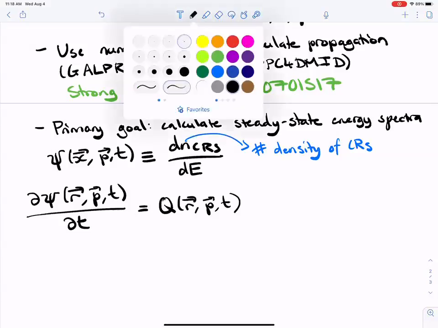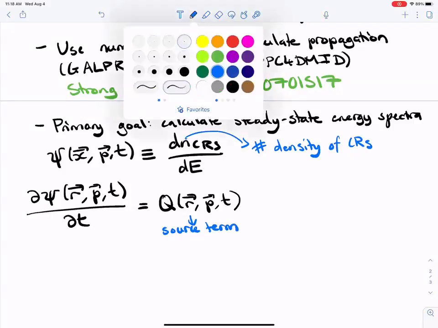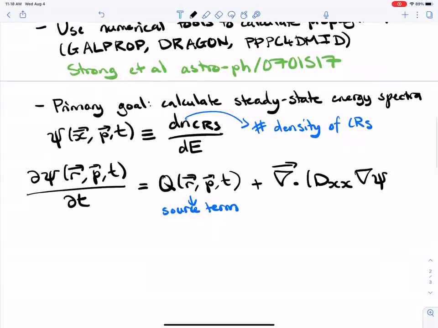This is telling you about the injection of cosmic rays. And then we have a diffusion term governed by some diffusion coefficient. So this is telling us about spatial diffusion in the homogeneous field.